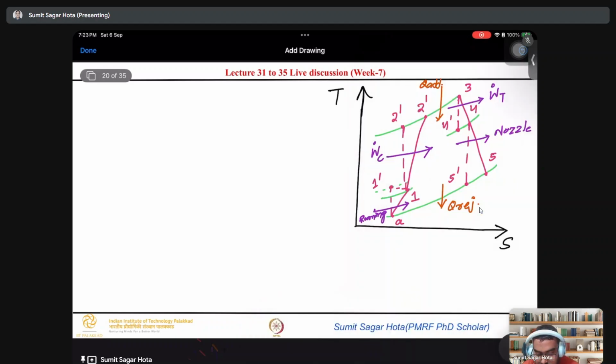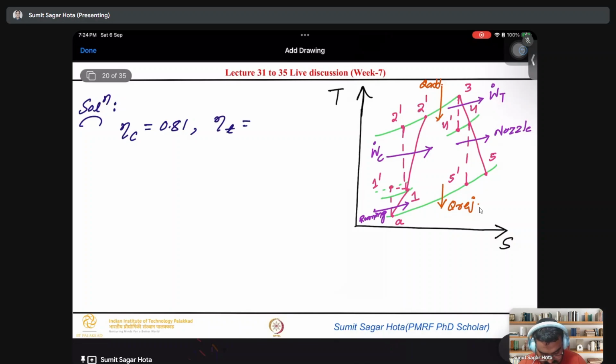So let's start solving. Efficiency of the compressor is given 0.81.